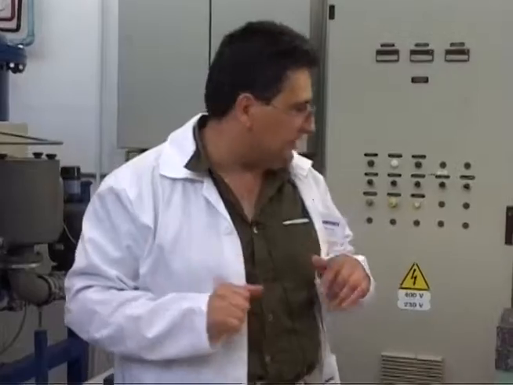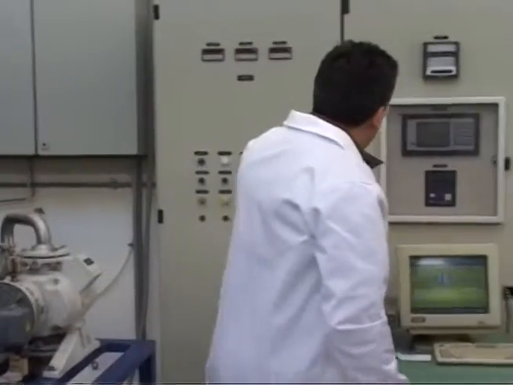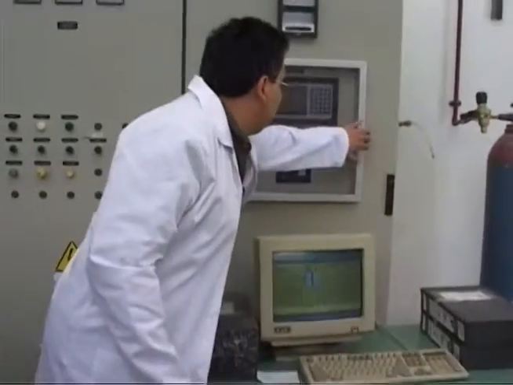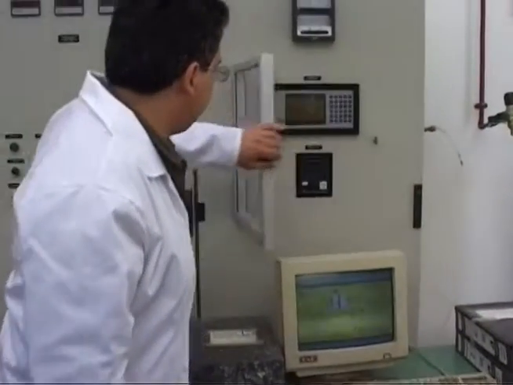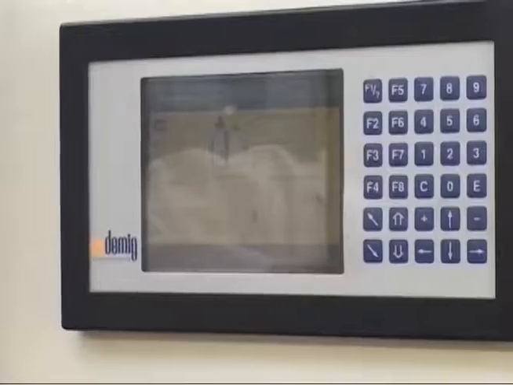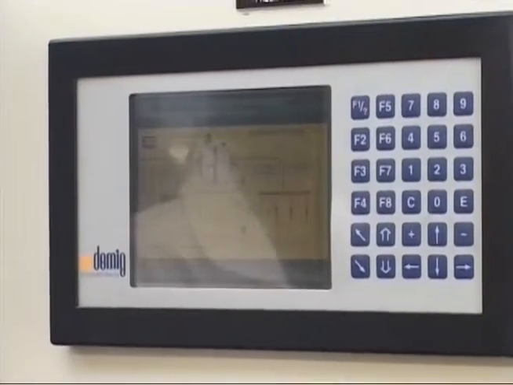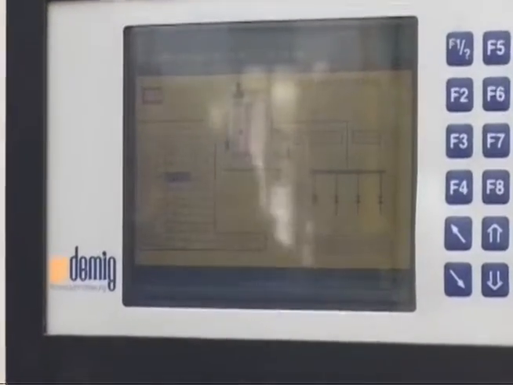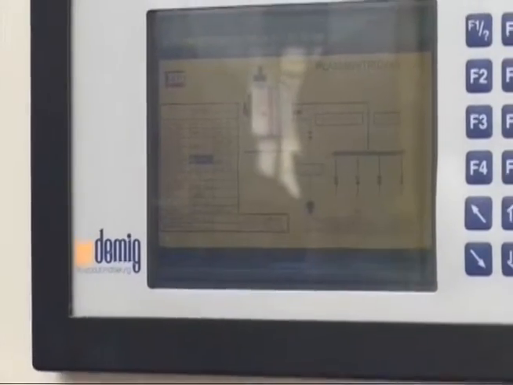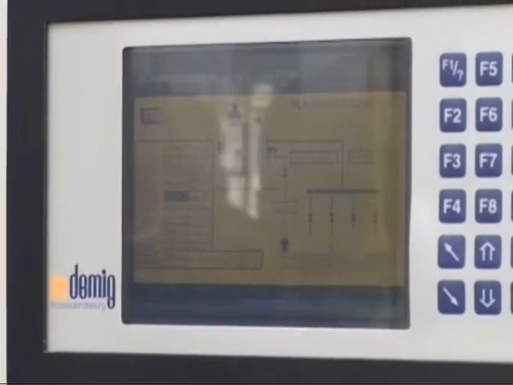Now, the various steps are controlled by a very advanced PLC, so the whole process is completely automated. The PLC is equipped with a graphical user interface with a mimic of the process showing all operative parameters and the various components which are put into service.